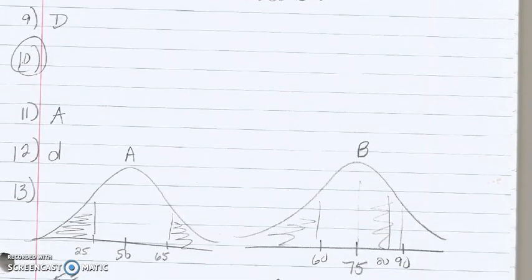All right, so the rest of these are also just kind of talking through them. Number 9, areas, and the answer for 9 is D. Which of the following are true? A is saying the area below the mean is greater than the area above the mean. We know that's not true. It should be 50% on each end. The area from 0 to 1 on a z-score is the same as 1 to 2. That is not true.